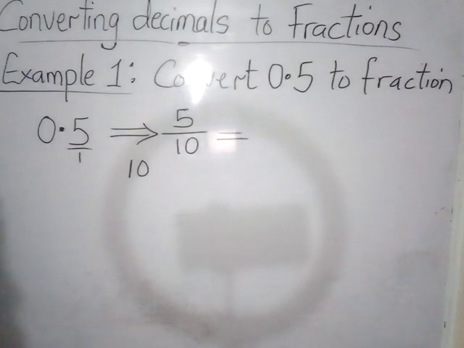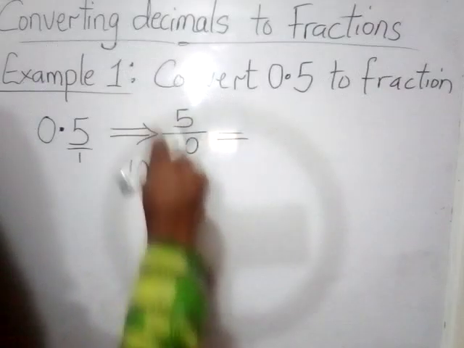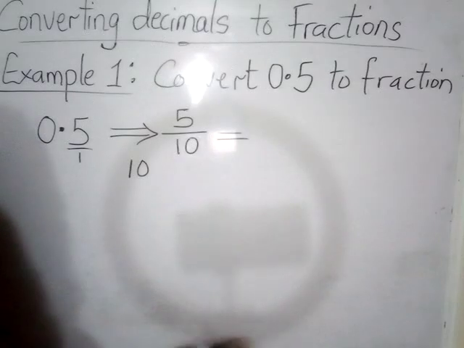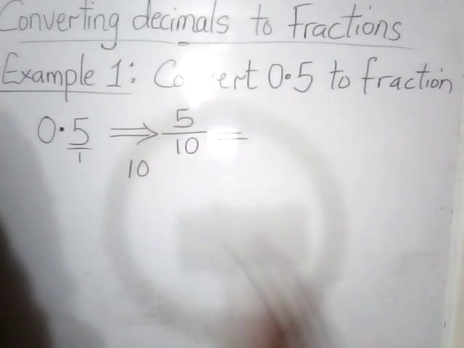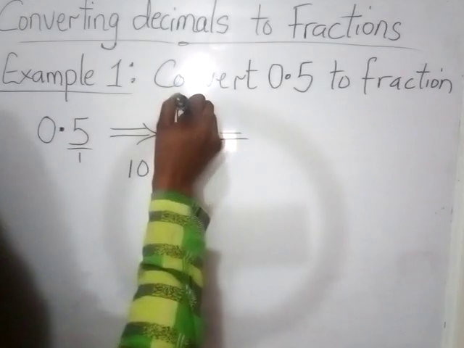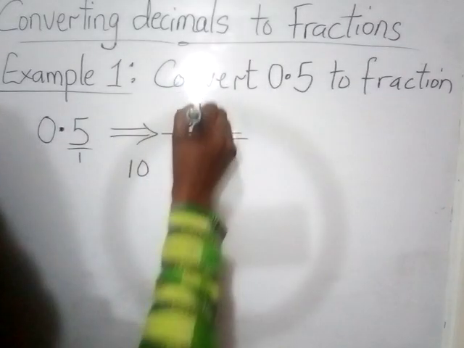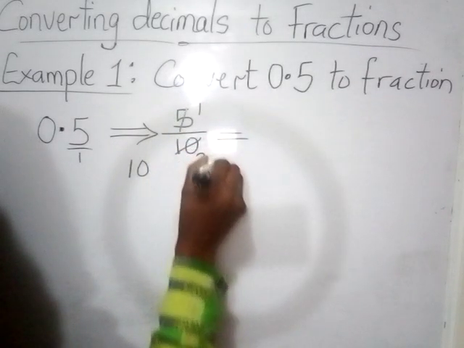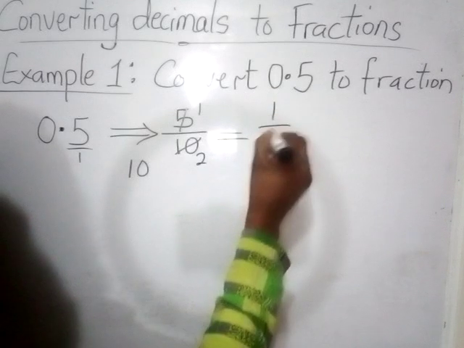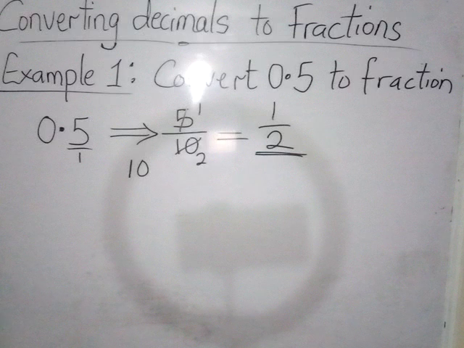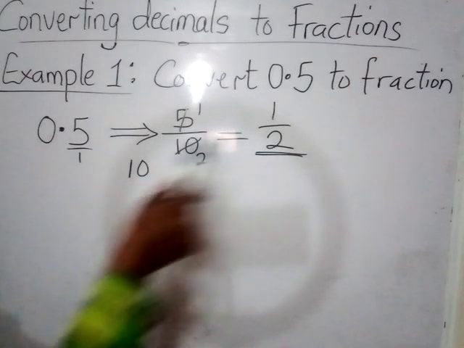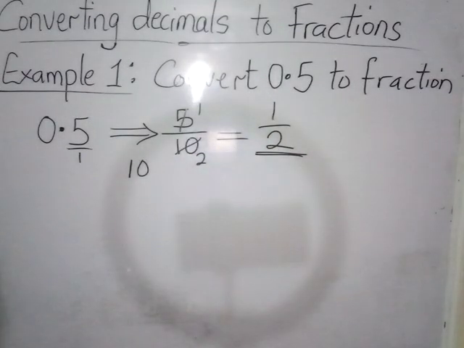We know there is a number that can divide through 5 and 10 without a remainder, and that number is 5 itself. So 5 into 5 is 1, 5 into 10 is 2. So our answer here is a half, 1 over 2. So 0.5 is the same thing as 1/2 in fraction.